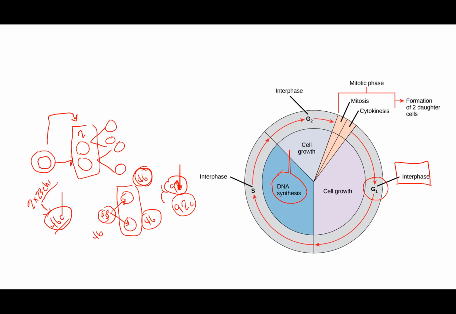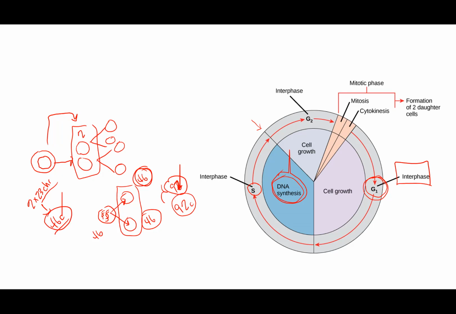When we go through this cell cycle, we go through interphase, and then we move on to DNA synthesis, known as the S phase, S for synthesis.